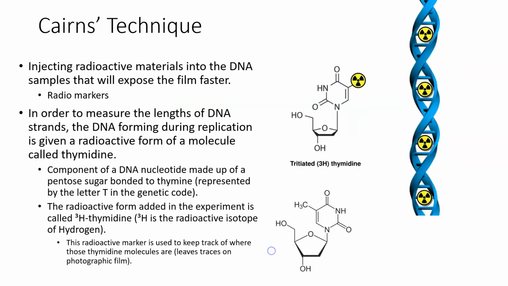It's also part of the Cairns technique, which is a specific technique used to not only identify the length, or size, of DNA, but also where particular DNA markers are located.